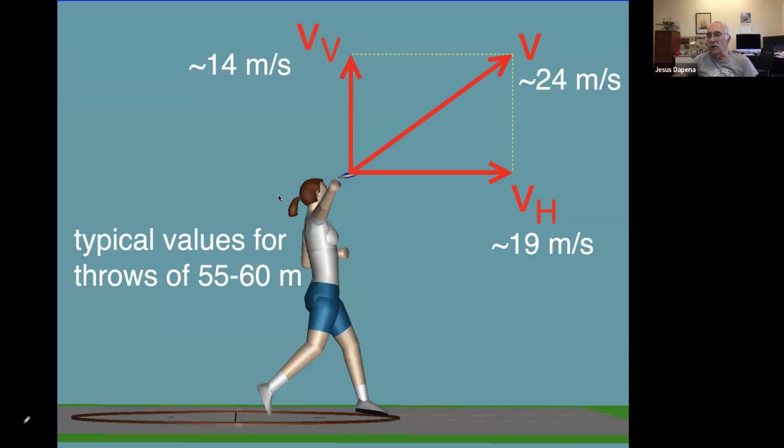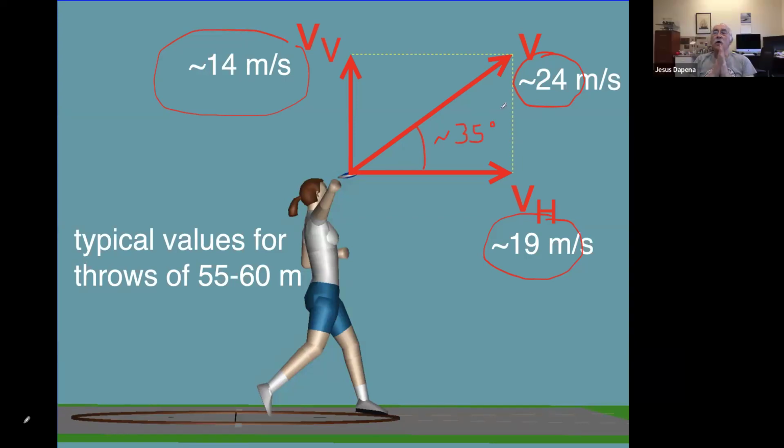The throwers that I analyzed were on average somewhere between 55 and 60 meters. Typical speeds at release will be about 24 meters per second for the total speed, roughly. The horizontal is about 19, and the vertical is about 14. And this angle, between the velocity and the horizontal, is about 35 degrees.